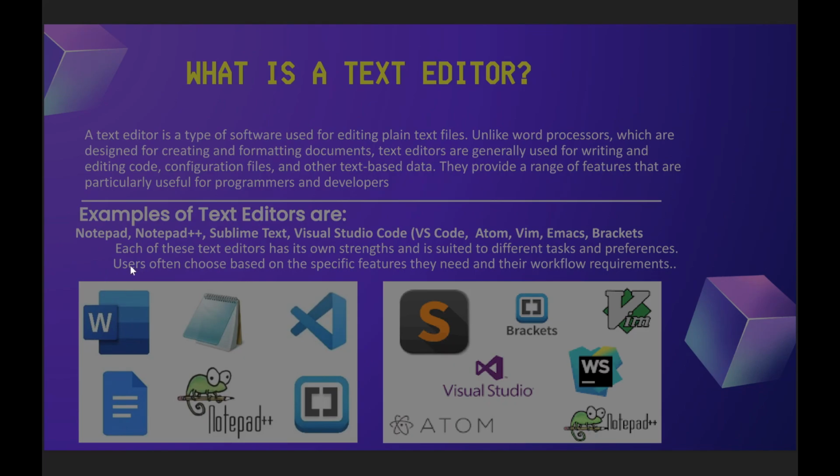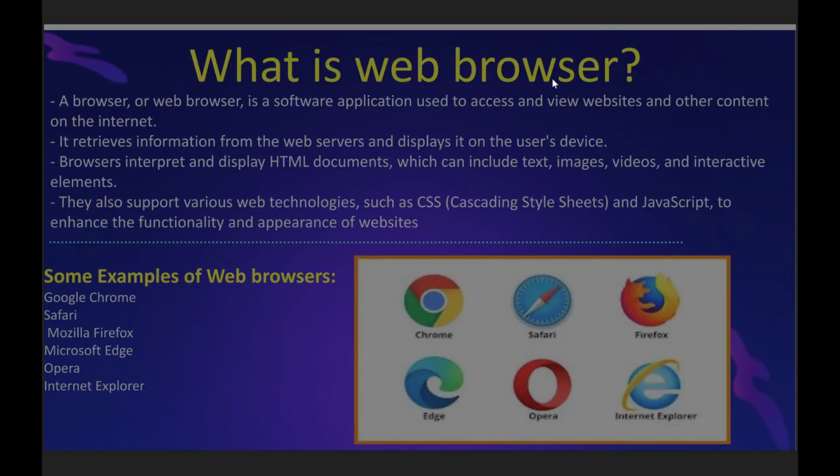Yes, of course. Users often choose based on the specific features they need and their workflow requirements. Yes, obviously, as you can see, there are a lot of text editors, but as per the requirements of their workflow and choices, users can choose any text editor which they find interesting. Okay, now let's talk about the web browsers.